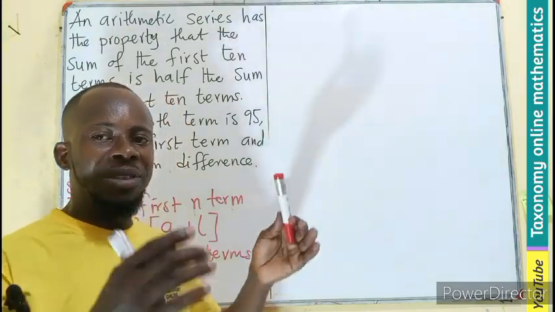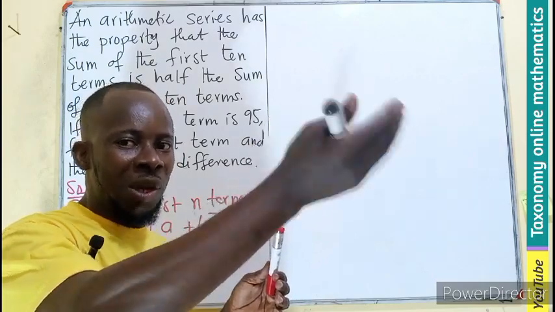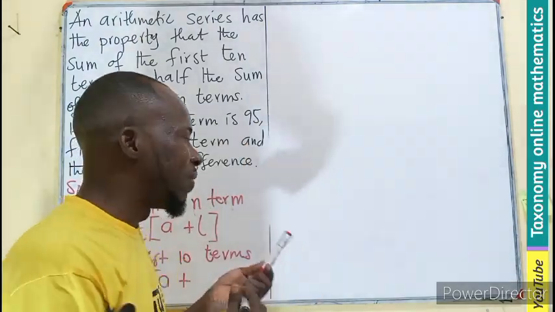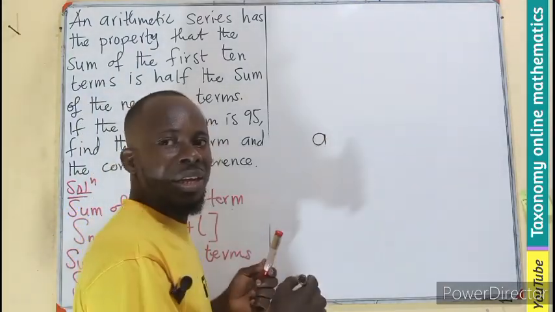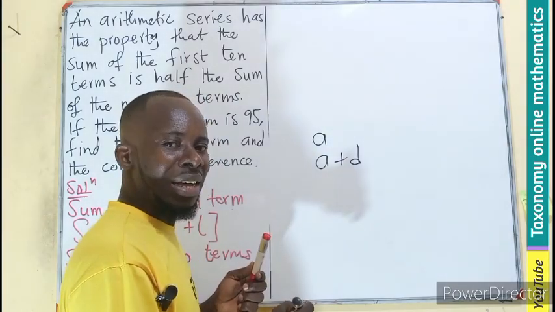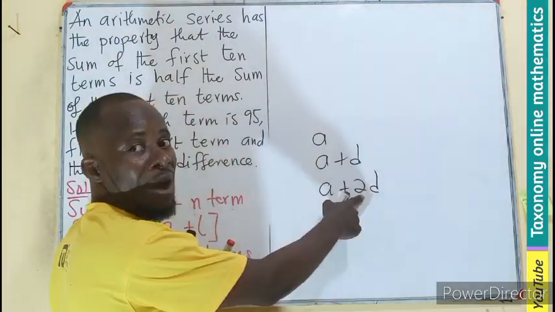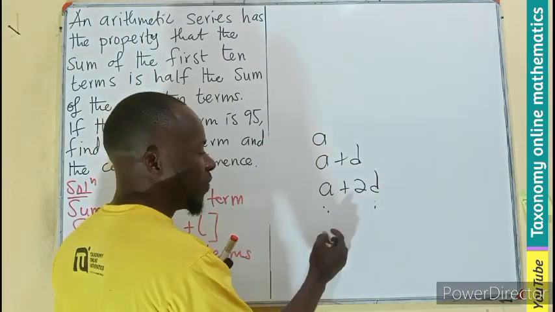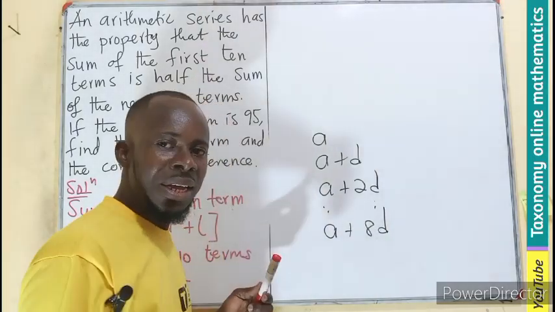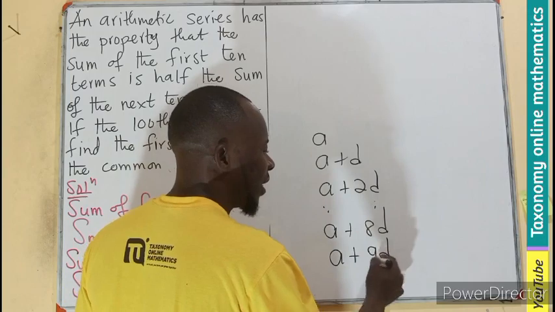Don't forget, if you have a sequence 1, 2, 3 up to 10, what will be the 10th term? The first term will be a. The second term will be a plus d. You remember? The third term will be a plus 2d. Therefore, the ninth term will be a plus 8d, and the 10th term will be a plus 9d.